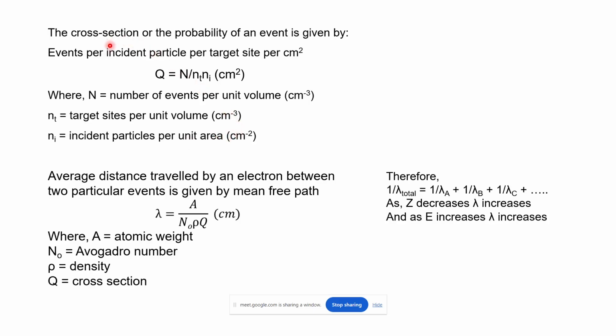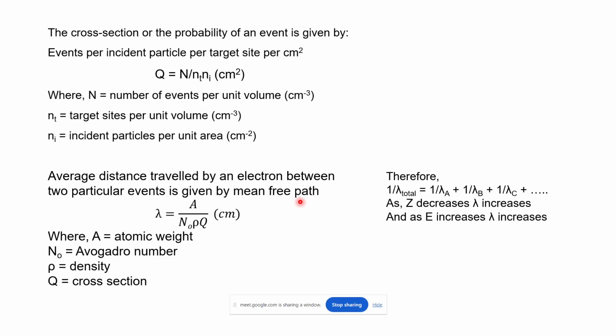This is just the basic information: there are certain possibilities, and you need to tell what the probability is of that event to occur. Also I have a formula for the average distance traveled by an electron between two particular events, which is given by the mean free path.